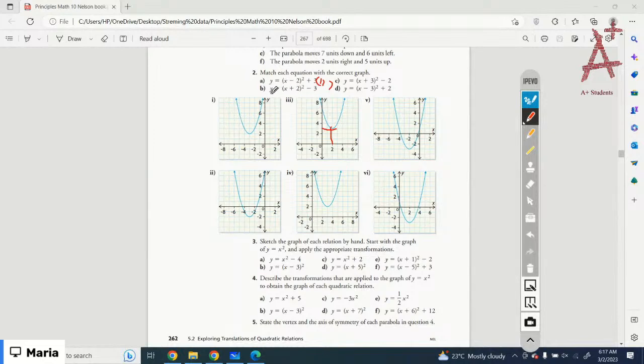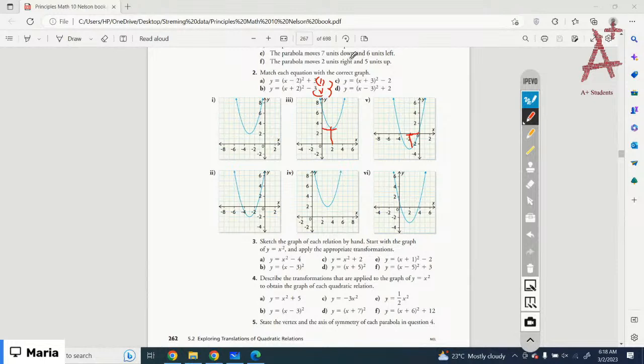So which graph moves 2 units left and 3 units down? This one is the one that moved 2 left and 3 down. That would be left movement and down movement. Got it? That means for B, option 5 is the correct one.